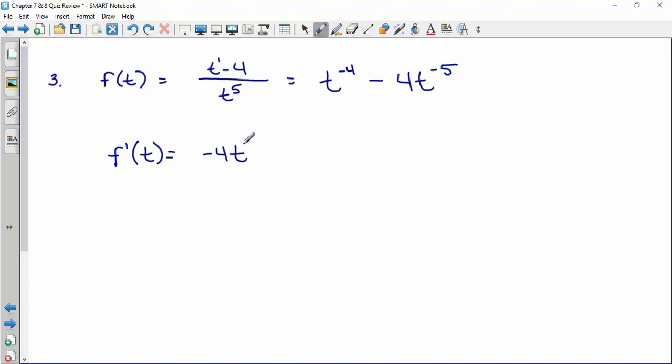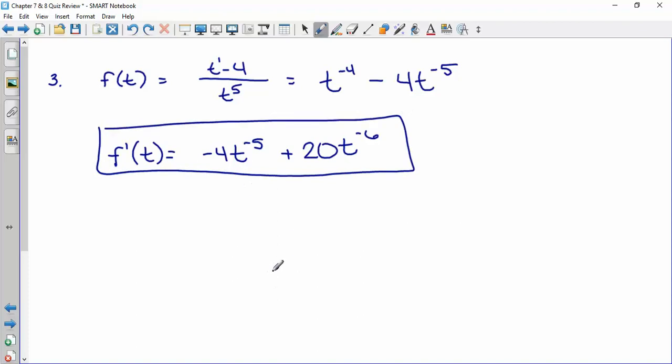T, if you subtract 1, negative 4 minus 1. Next one, if my negative 5 comes down, I have negative 4 times negative 5, so that's a positive 20. T to the... everybody with me there?